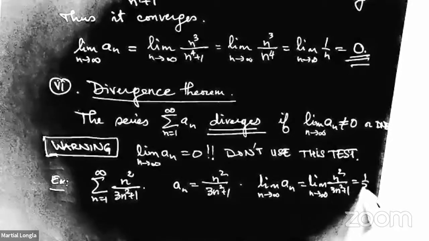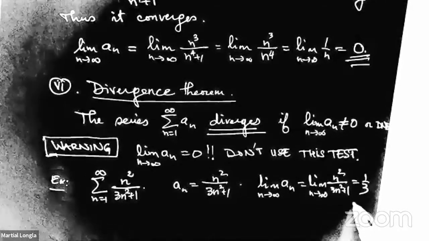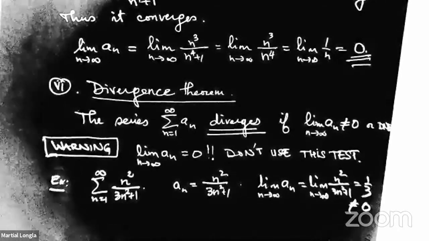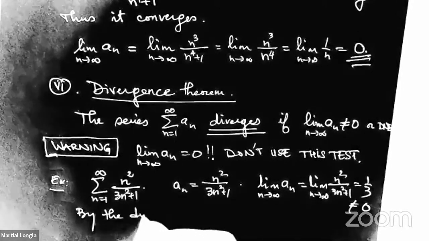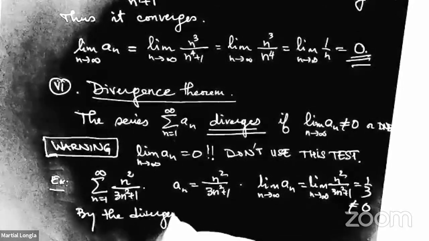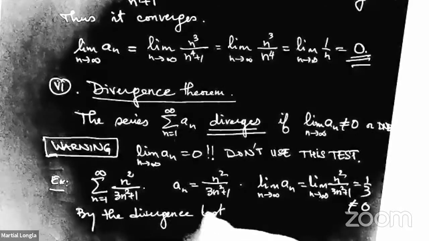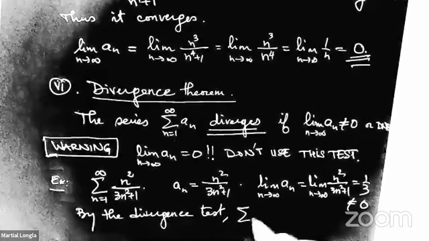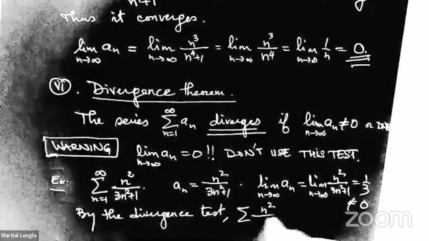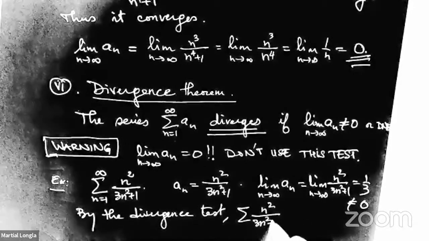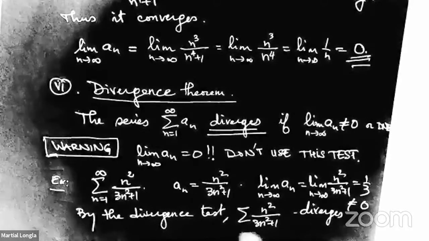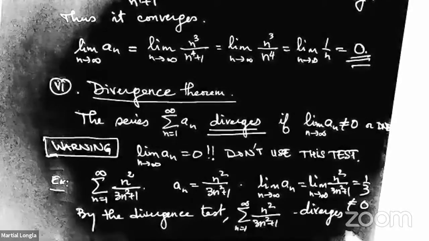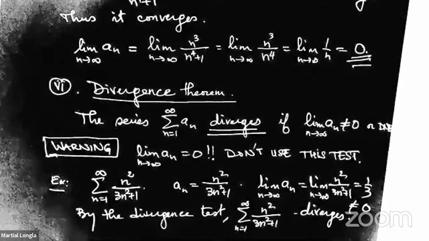This is 1/3. And 1/3 is not 0. Thus, by the divergence test, the sum of n squared over 3n squared plus 1 diverges. That's it.